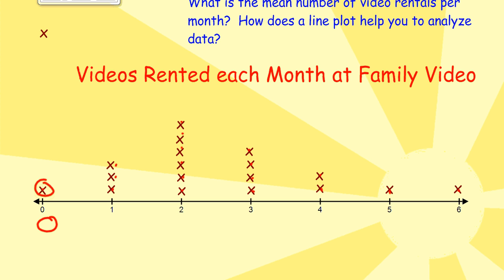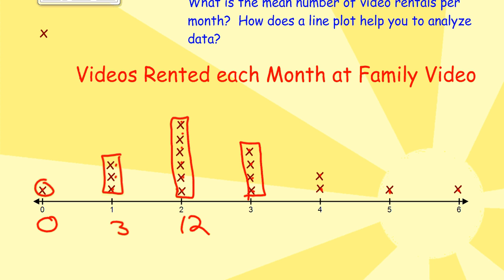We're going to add 0. And each of these is 1, so that would be 3 times 1, which is 3. Here we have 6 times 2 rentals, which would be 12. We have 4 people that rented 3 videos, that would be 12. 2 people that rented 4 would be 8 videos, 5, and 6.